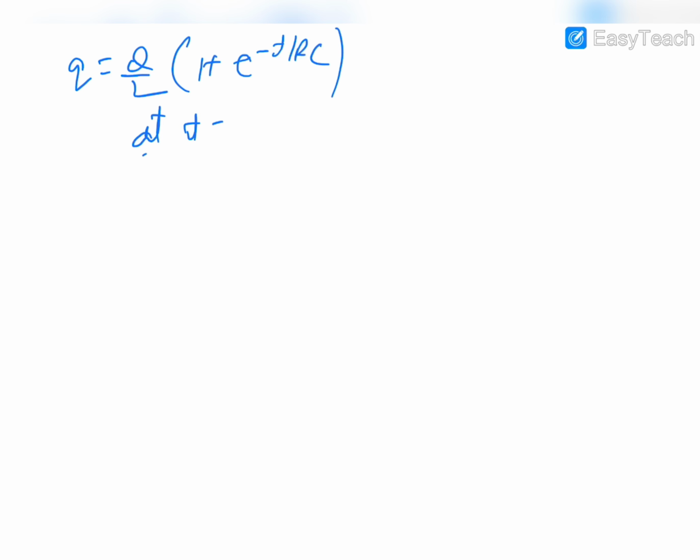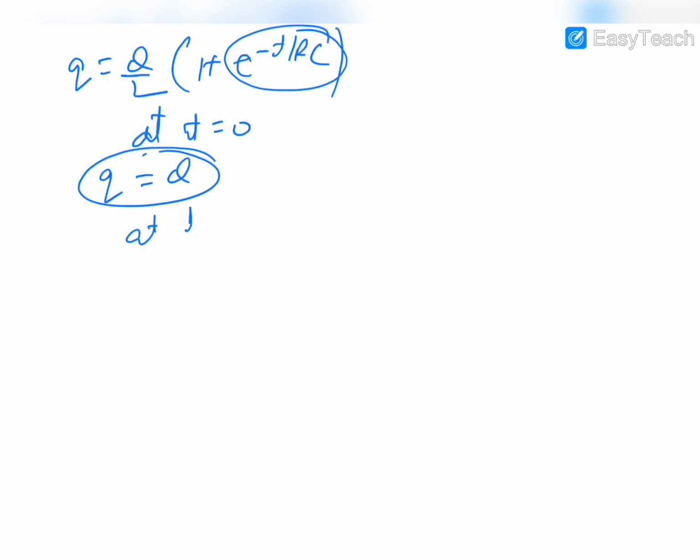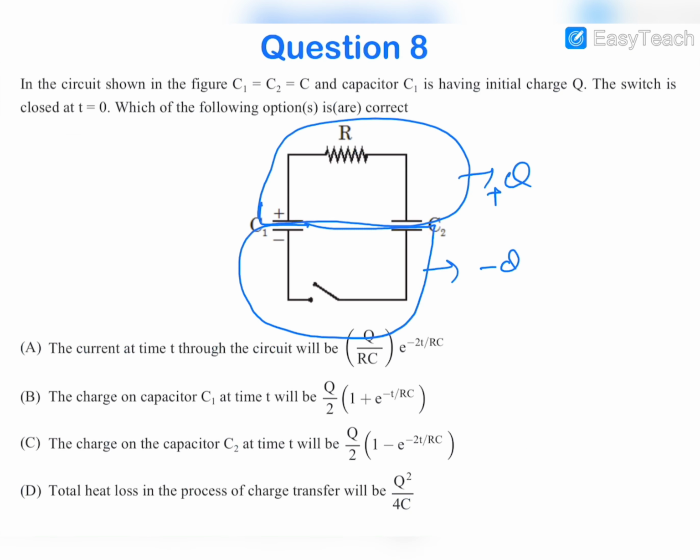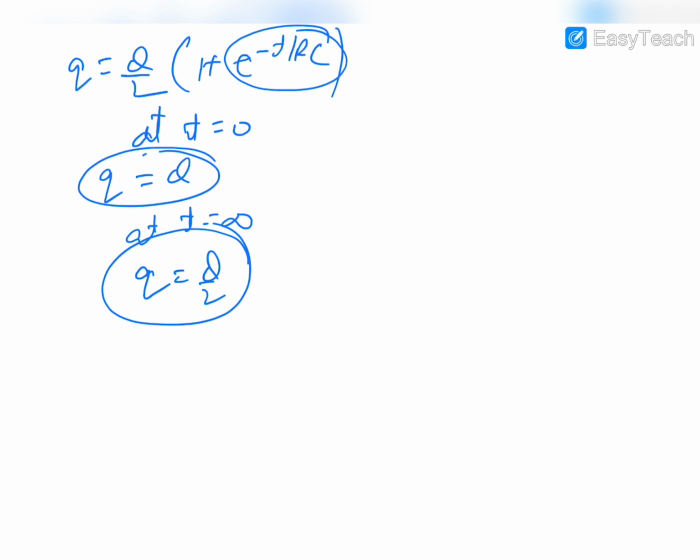At t is equal to 0, this is obviously 1, so q is equal to Q, and at t is equal to infinity, q is equal to Q by 2, obviously, because this charge will be equally divided in both of them. So now this charge on capacitor C1 will be Q by 2, 1 plus e to the power minus t by RC. This is the correct one.